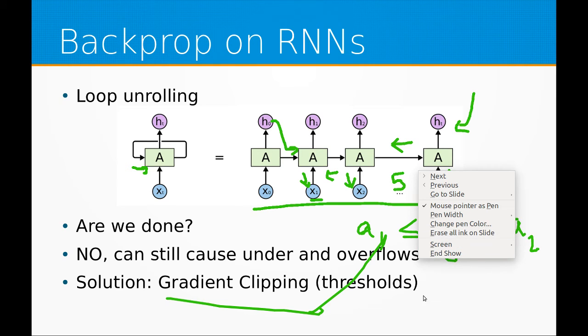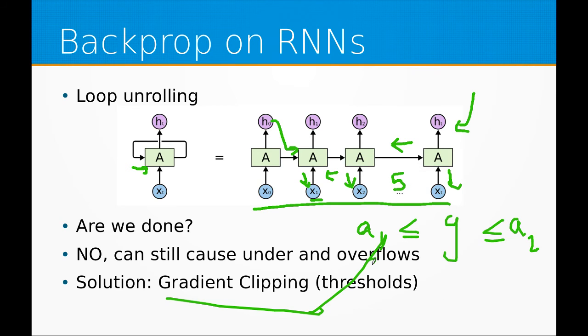So whenever the gradient goes below A1, it's pushed to A1, and whenever it goes above A2, it's pushed back to A2, so that it's always between A1 and A2. These two numbers are chosen in such a way that they cover a large range of gradients, but are still represented by double precision numbers.